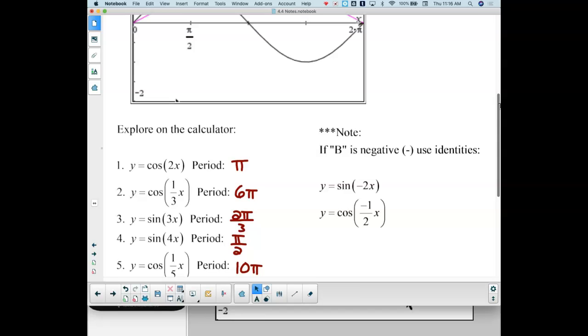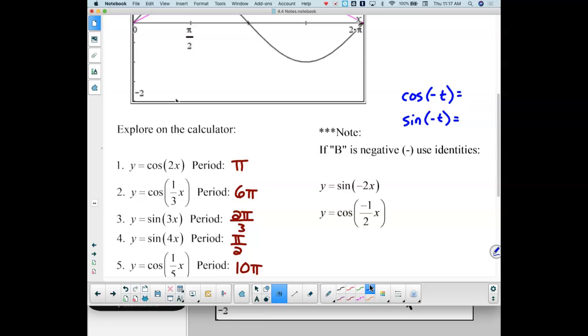The two identities we're dealing with are cosine of negative t and sine of negative t, identities number 1 and 2 on your identity sheet.